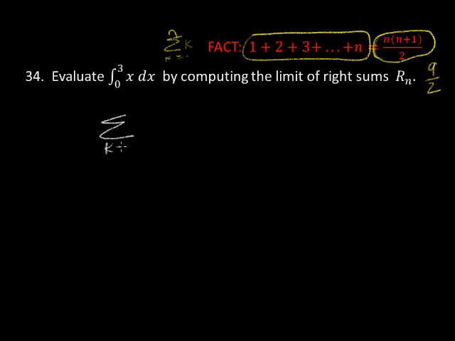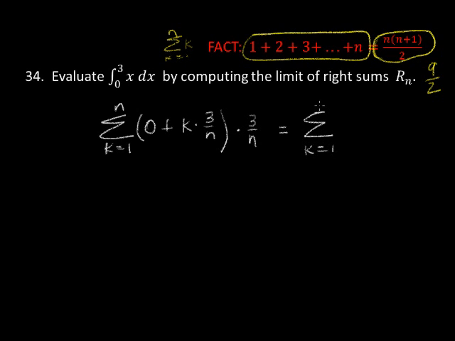We're going to sum from k equals 1 to n, right Riemann sum. The function is just x, and a is 0. 0 plus k jumps of delta x, which is 3 minus 0 over n, 3 over n, times 3 over n. All right, so I guess bring the 3.